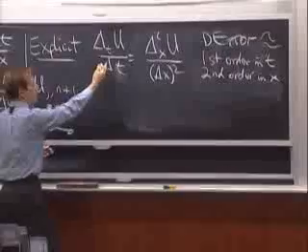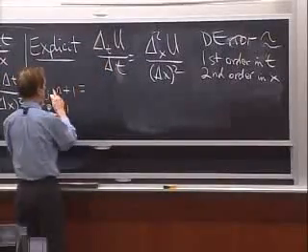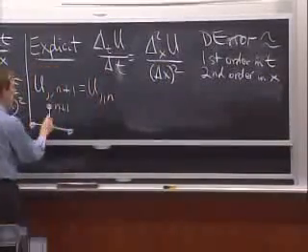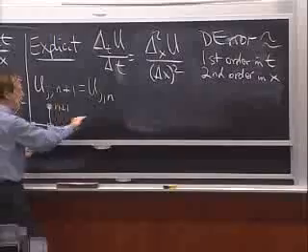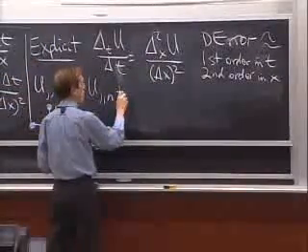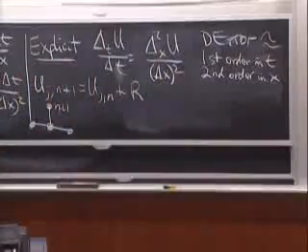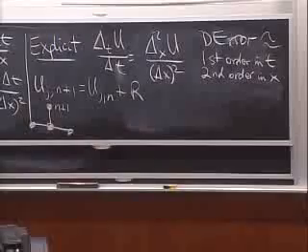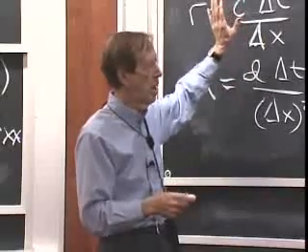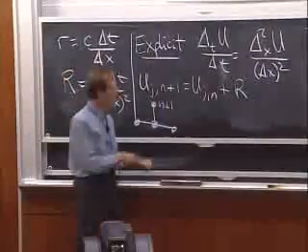So if I just write out what that does, it's uj at n, coming from the time difference. Then I'll multiply by delta t, and I have a delta x squared, so that ratio is what I'm calling capital R, to distinguish the diffusion ratio from the wave ratio, times what?